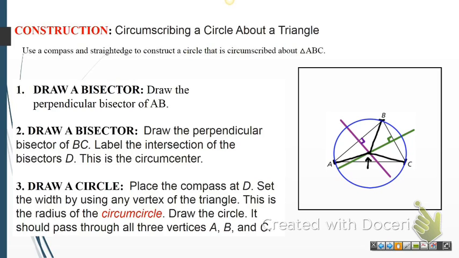Okay. So that's what your circumcenter is going to help you do. It's going to help you find the center of the circle so that you can open up your compass to any one of the three vertices, go all the way around, and you should notice that all three vertices of your triangle are on the circle.